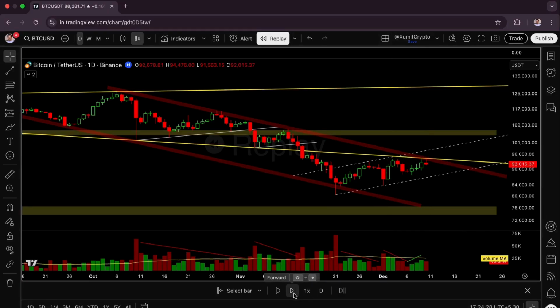That is what happened on the FOMC day. Then we saw a long wick on the downside. So bulls were trying hard to push back and wanted to break out of that channel again.